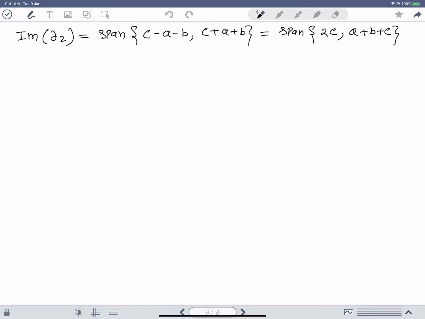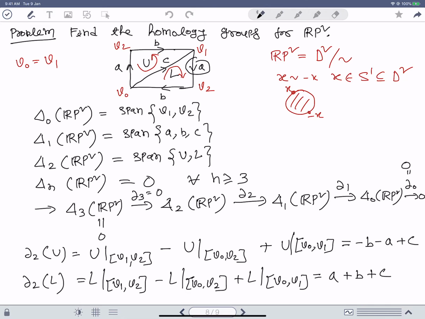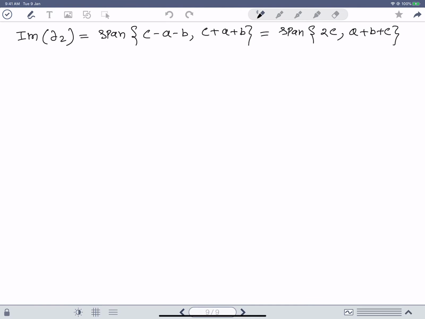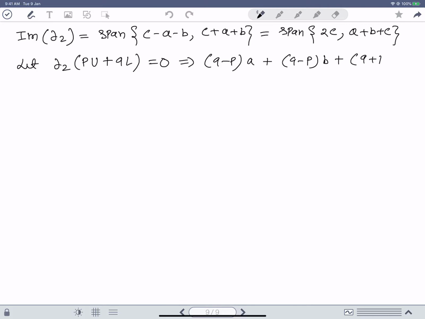Okay. Now suppose we want to find the kernel of ∂2. Now ∂2 has only two elements u and L. So what is my kernel of ∂2? So let ∂2 of p times u plus q times L equal to 0. Now that will imply (q minus p)a plus (q minus p)b plus (q plus p)c equal to 0.